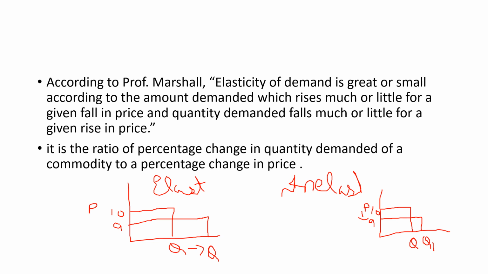But when it comes to other commodities like Maggi, coffee powder, tea powder, or Pepsi, cold drinks, anything like that, if there is a small change in price, the demand for that commodity changes drastically. That is elasticity. Inelastic means there will not be much change in the demand for the product.